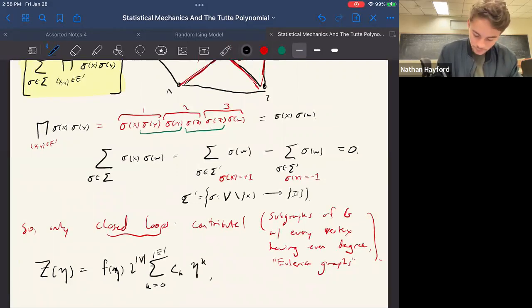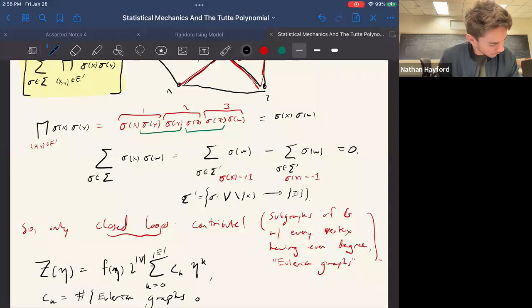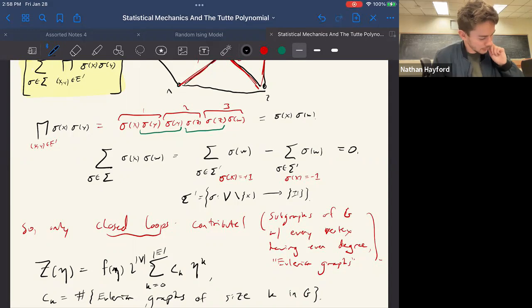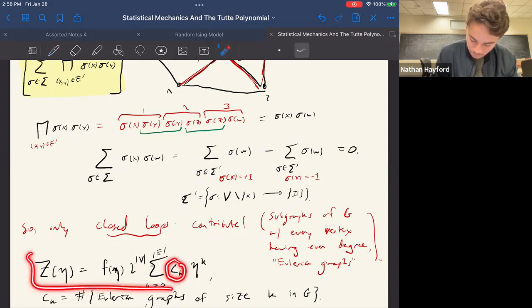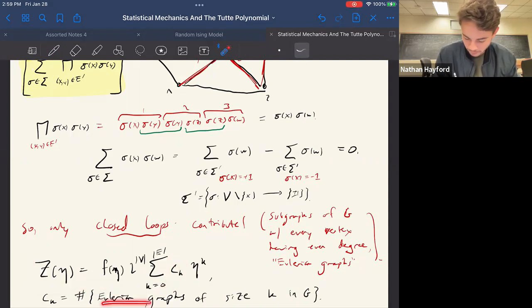And what are these constants c_k? So c_k is just the number of Eulerian graphs of size k, I guess, in G. So with k edges in G. So very nice. I can actually compute explicitly what this thing is, and it's very graph-theoretic looking. It has all of these coefficients which depend on something extremely graph-theoretic, the number of Eulerian graphs of size k in G.